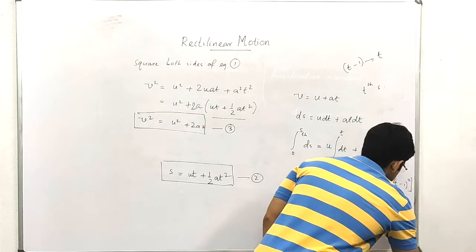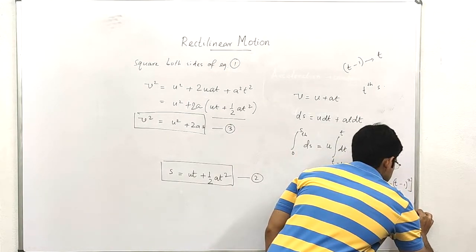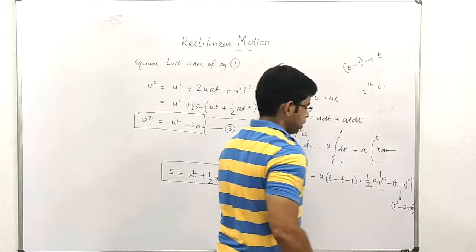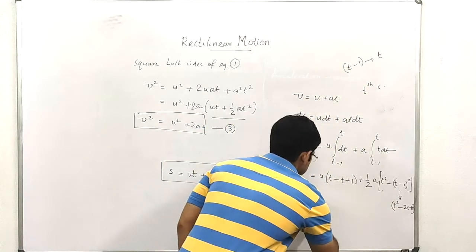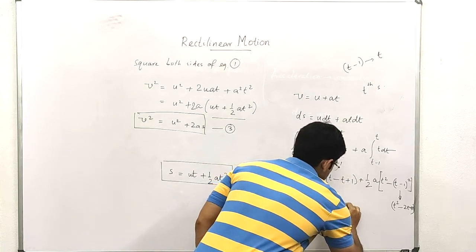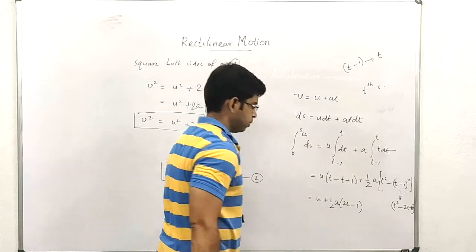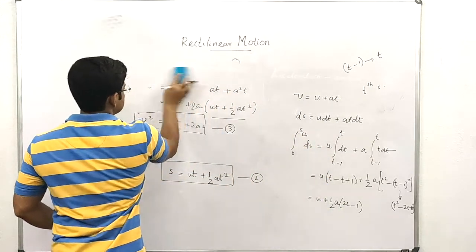So this term will be t square minus 2t plus 1, and here we have a minus sign also. So finally the result will be u plus half a (2t minus 1). So this is the fourth equation of kinematics.